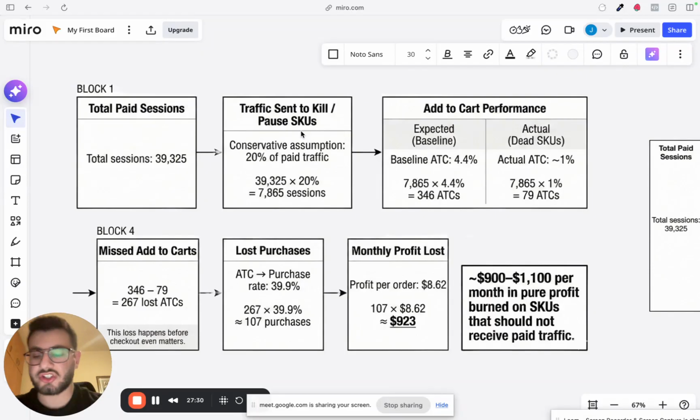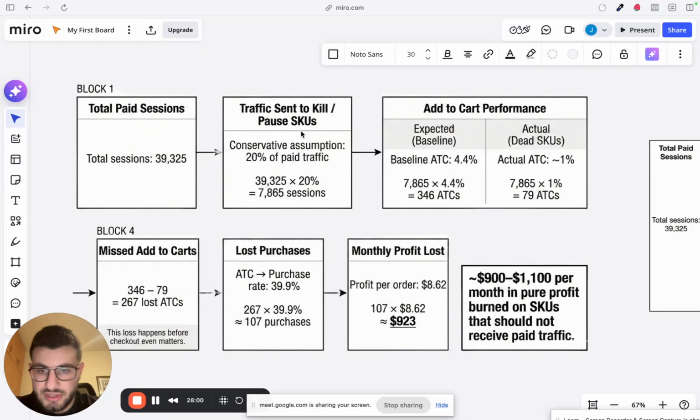So this is how much traffic you're sending to SKUs that I put in the bucket A. Does it make sense? Okay, so in the bucket A, yes, kill or pause for the SKUs. So the bucket A means these SKUs, you can either kill them or pause them for now. Does it make sense? Okay.